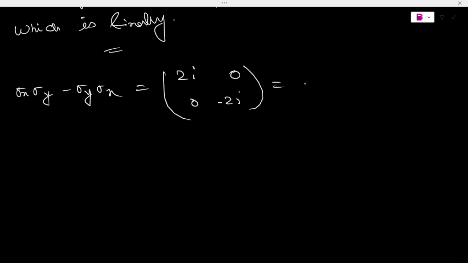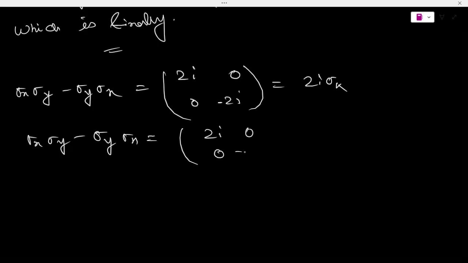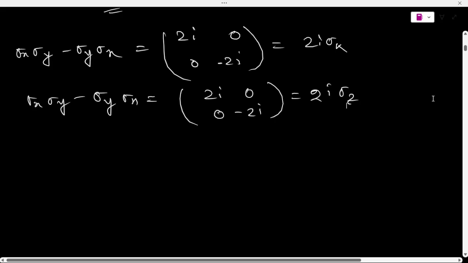So it will be 2i sigma z. This is the matrix language.